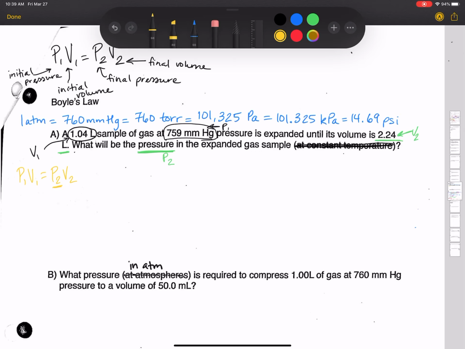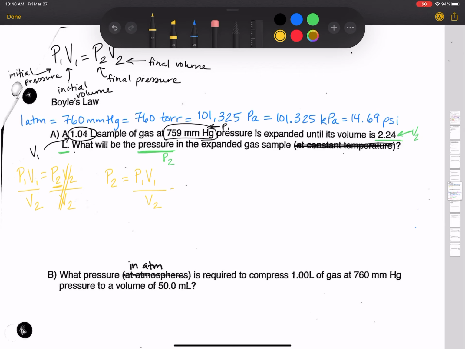P2 and V2 are multiplied with each other. And so the opposite of multiplication is division, which means that I'm now going to divide both sides by V2. Once I do that, I've gotten rid of V2 over on this side of the equation, which means that I'm left with P2 equals P1 times V1 over V2.